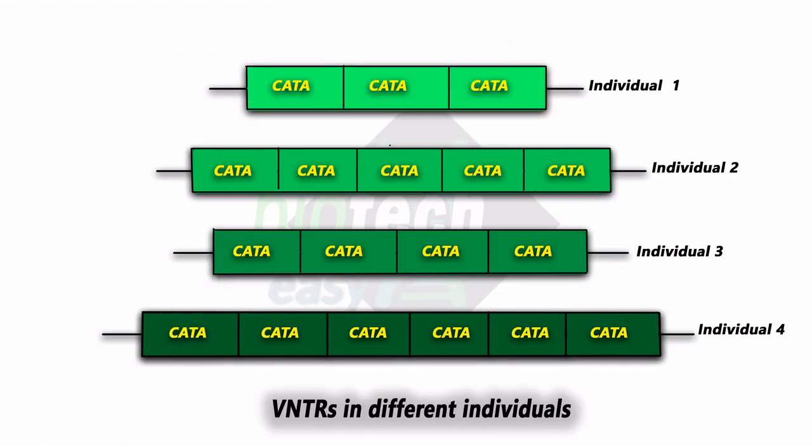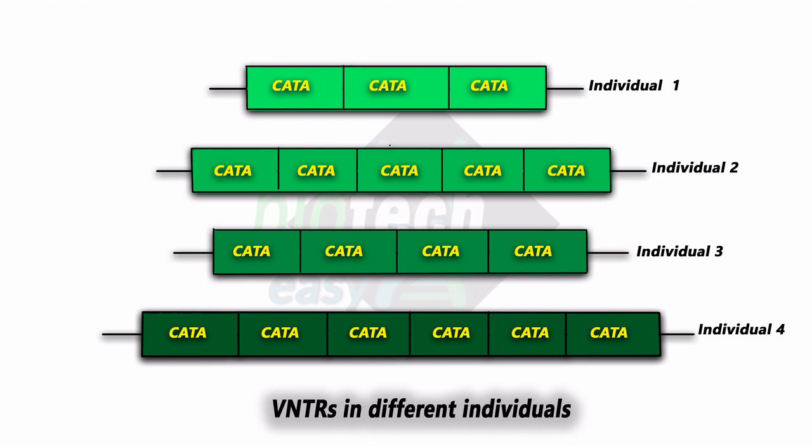Here, I have shown a figure of VNTRs in 4 individuals so that you can have a rough idea how the repeats are different in different individuals. Here the pattern is the same, that is CATA in all the individuals, but the repeats are different.